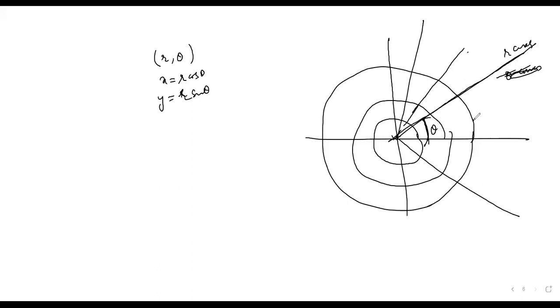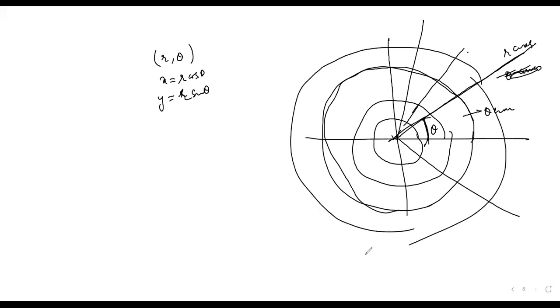So this would be an r curve, this would be a theta curve, and these lines would be r curves. Here theta is changing along the circle and r is fixed, so this is also a set of parametric curves in this form, that is, lines from the origin.